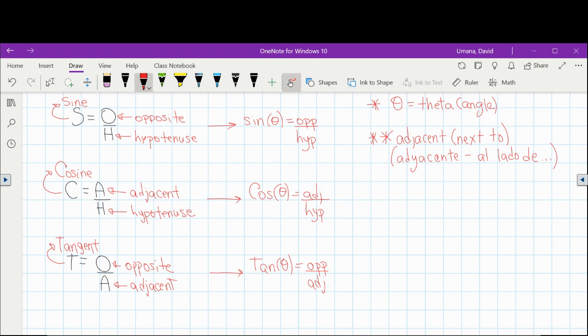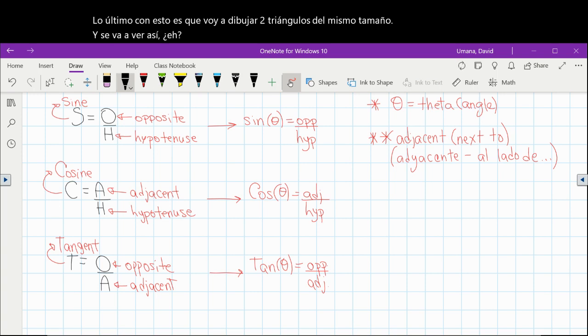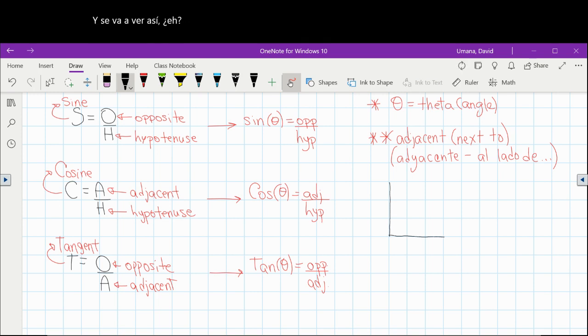All right, last thing. Last thing with this is I'm going to draw two triangles about the same size, and it's going to look like this. With 90 degrees.